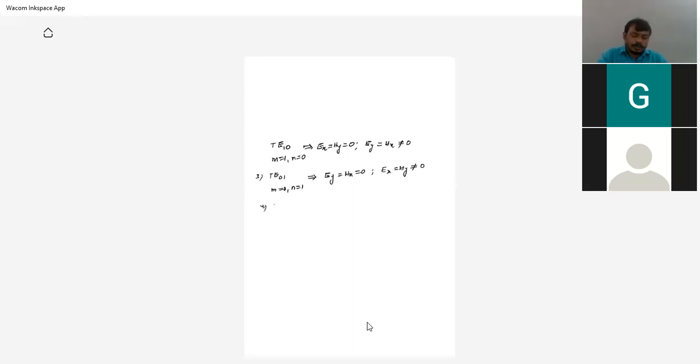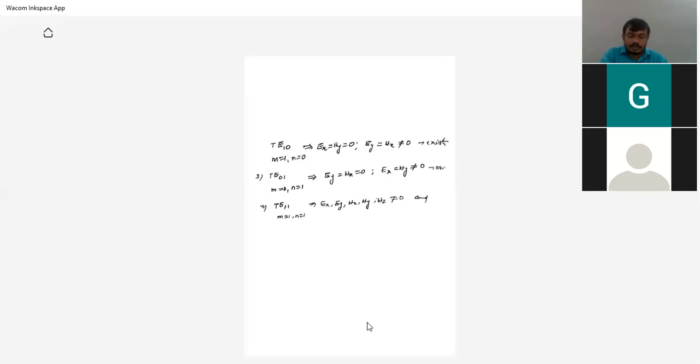Then you can put the fourth one: TE11, where m is equal to 1, n is equal to 1. So these are all non-zero: we have Ex, Ey, Hx, Hy, and Hz. These are non-zero, and that means this exists.